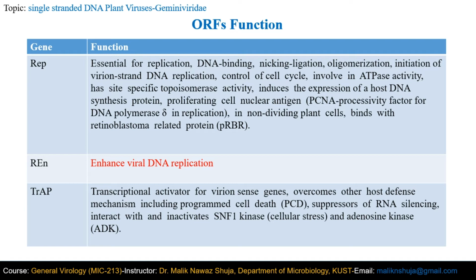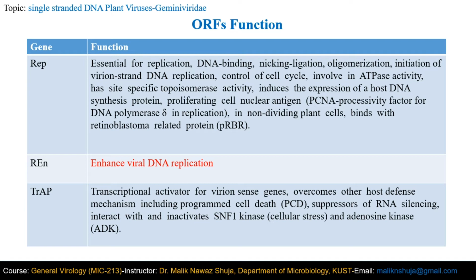For example, if we are talking about the REP gene or REP protein of begomovirus, this protein is usually involved in the process of replication, DNA binding, and it is also responsible for the nicking. Nicking takes place in the nonanucleotide to initiate the process of replication.